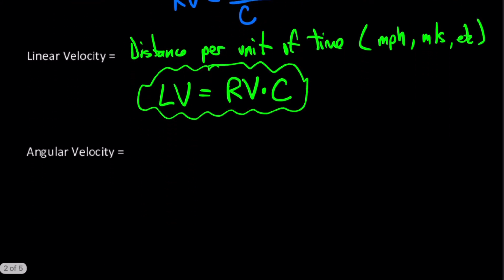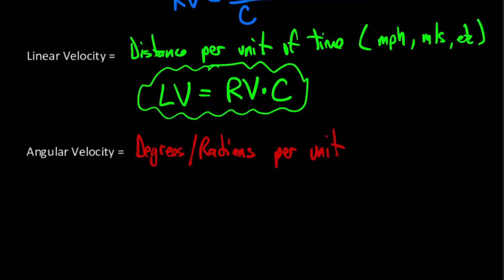And finally, angular velocity. Angular velocity would be degrees or radians, just depending on what unit we're talking about, per unit of time. So if you think about things rotating around, one complete revolution is 360 degrees or 2 pi radians. So we have two formulas.